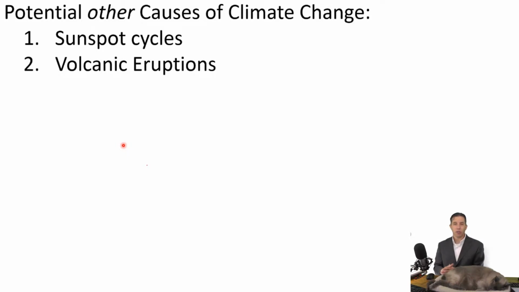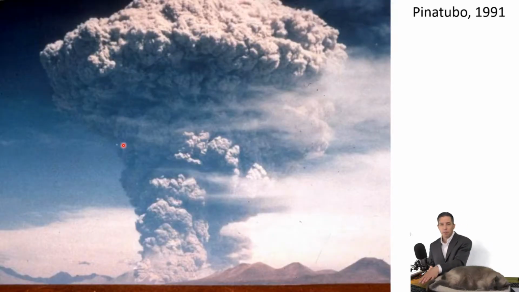But there is a reason that volcanoes can change the climate. If you have a big volcanic eruption, and this is the last really big one, sort of in our lifetime, was Pinatubo in the Philippines in 1991. This big cloud you see is something called volcanic ash, and it's little tiny microscopic pieces of rock, mostly glass.